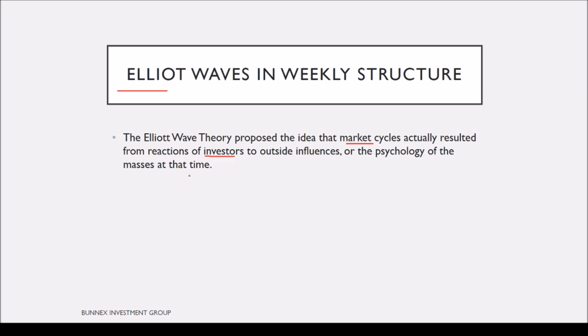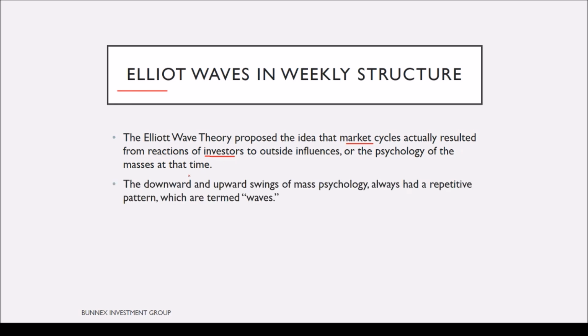What we are basically trying to say is whatever we see on the market is a reflection of how traders are reacting to the movements of the support or the movements of the supply and demand zones. The downward and upward swings of mass psychology always had a repetitive pattern, which are termed waves. So let's see the pictorial illustration of this theory.